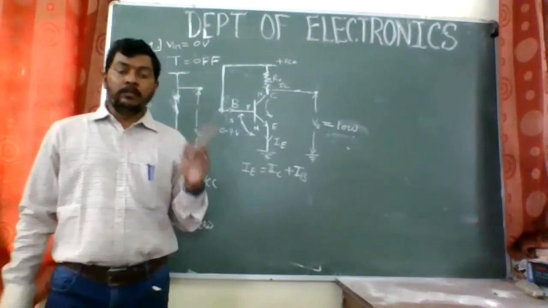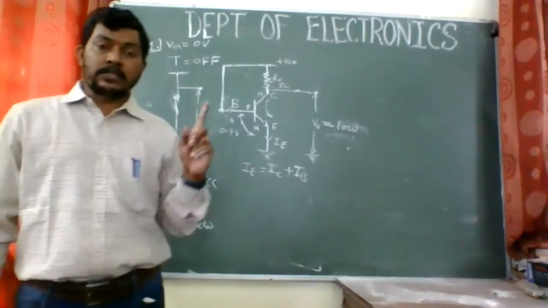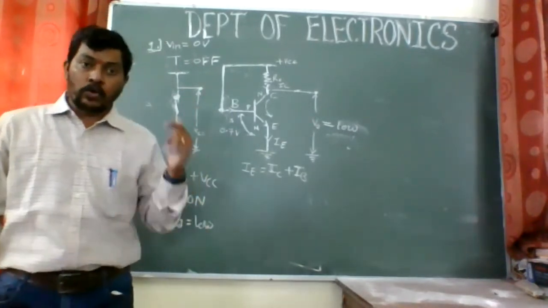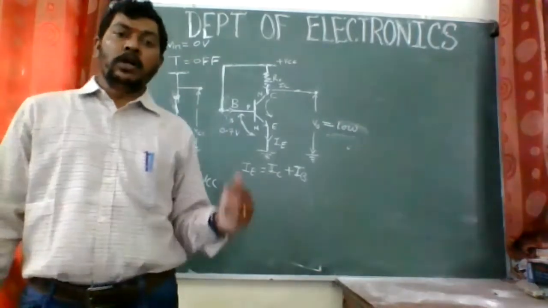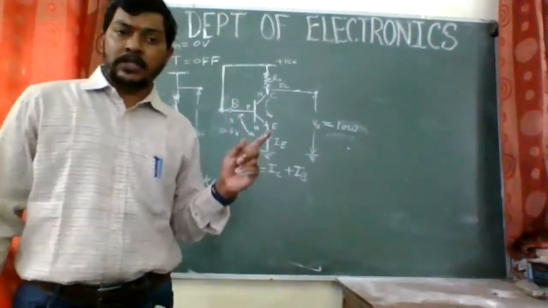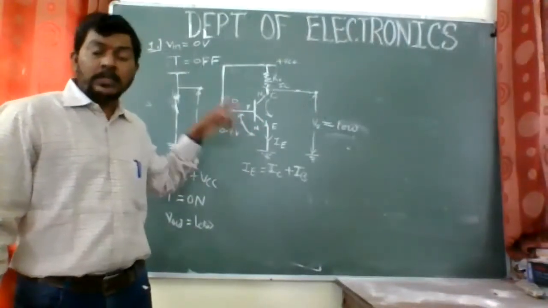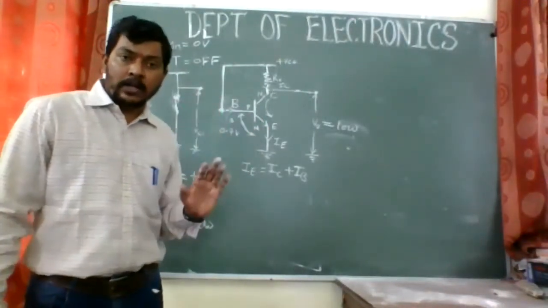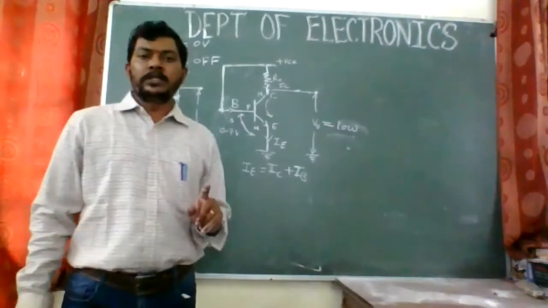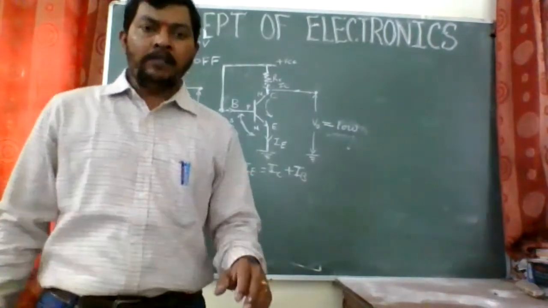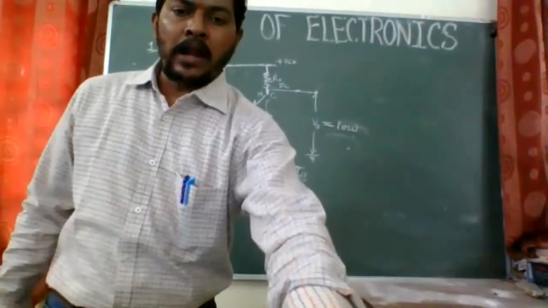Second, whenever the base of the transistor is low or 0 volt or less than 0.7 volt, the base emitter junction is not forward bias and the transistor does not conduct, but the output voltage is very high. If you have any questions, you can ask.